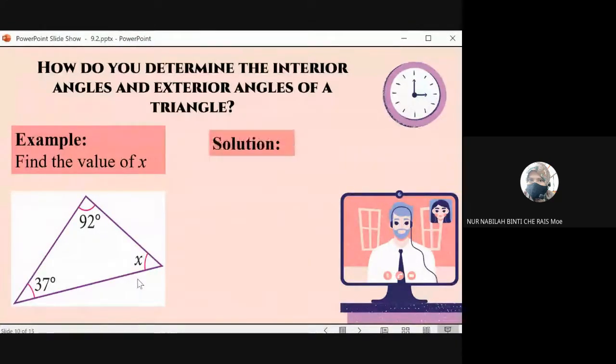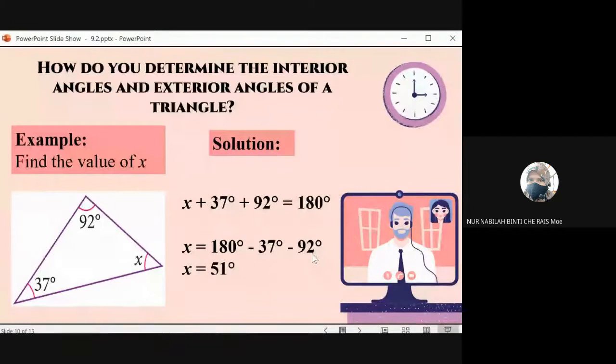So x plus 92 plus 37 equals 180, because the sum must equal 180. Then you move to the back. So x is 180 minus 37 minus 92. So you will get x equal to 51. Yes, correct. So that means some of you already understand my lesson today.